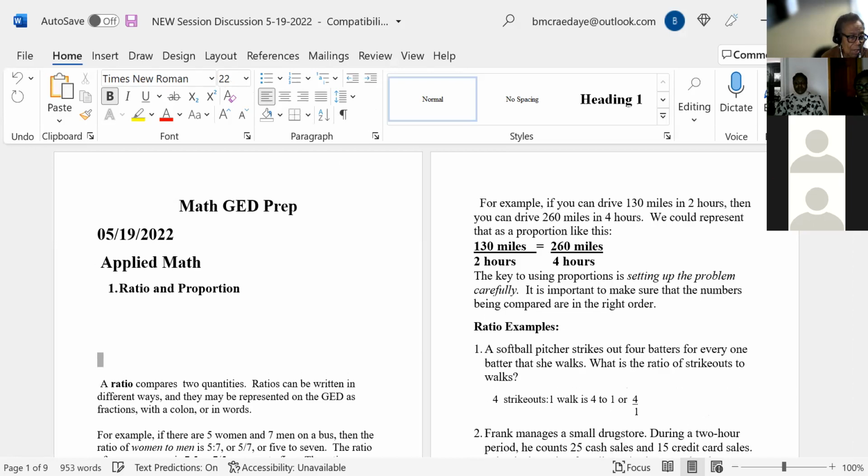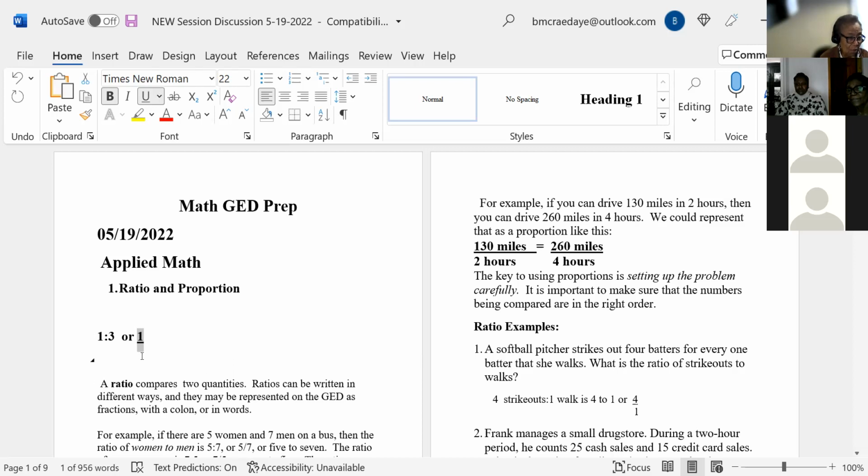Ratios can actually be written three different ways. It can be written with a colon, like 1 colon 3. Or you can write it as a fraction, 1 over 3.